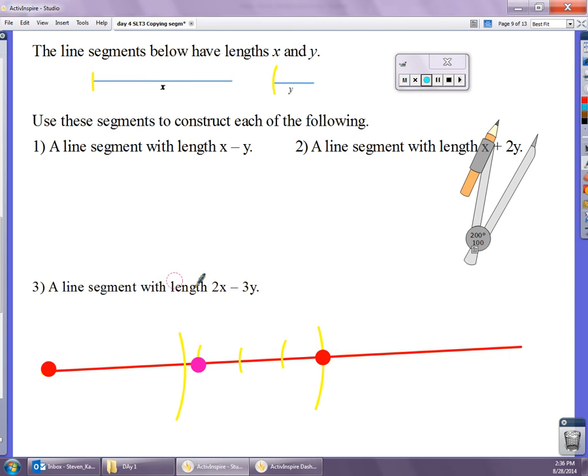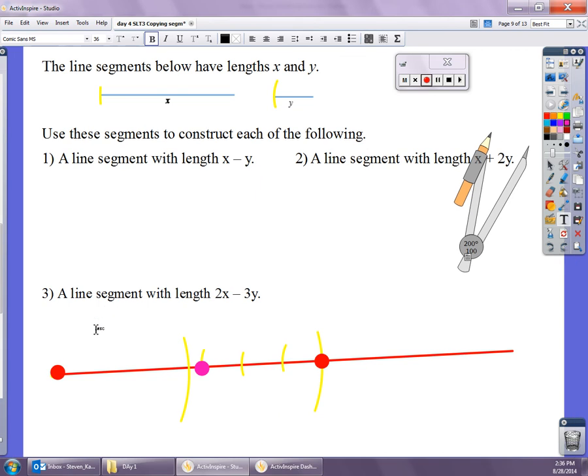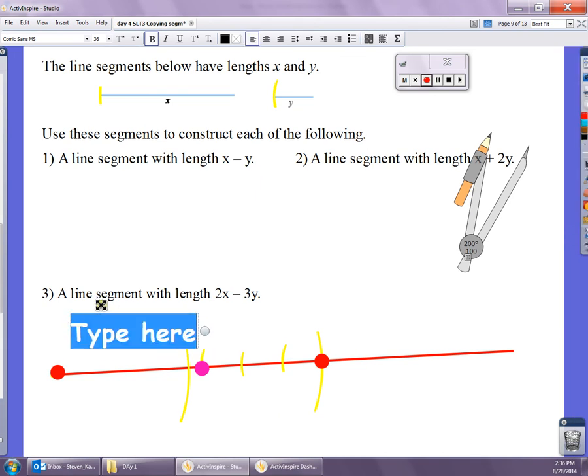So if you have this whole thing being 2x, and this right here being 3y, if you subtract it, what's left is the length you're looking for. So what you would do is label it by saying 2x minus 3y.